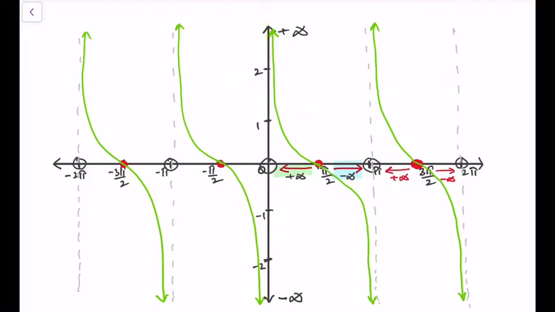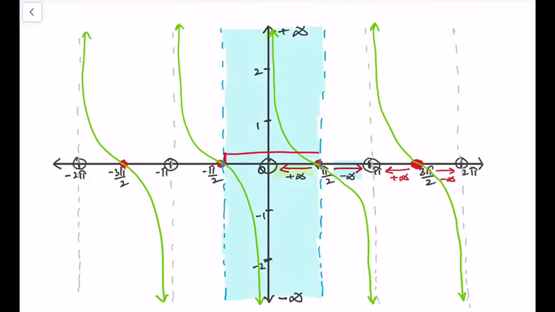So this function will not have an inverse until we reduce its domain. So let's reduce it from minus pi by 2 to pi by 2 and see if it will pass the test. And as we can see, this time it will pass the test between this reduced domain.